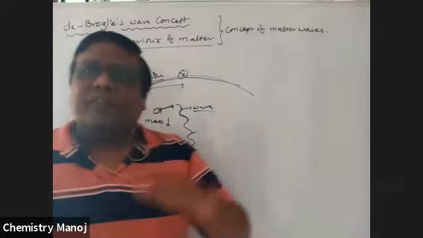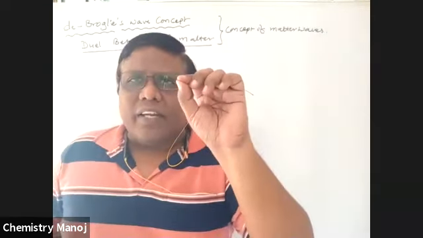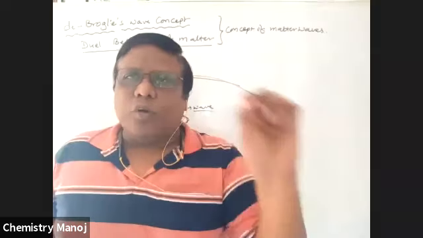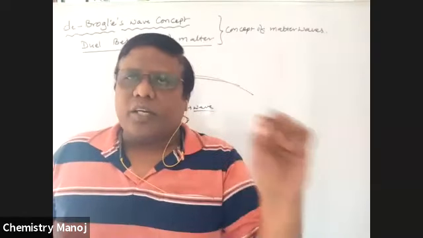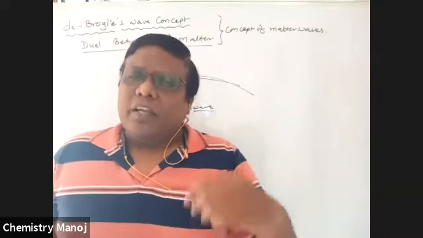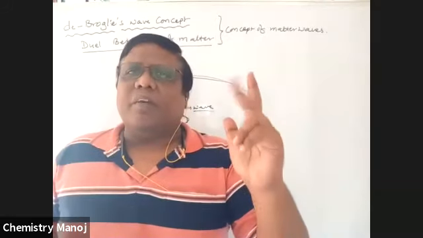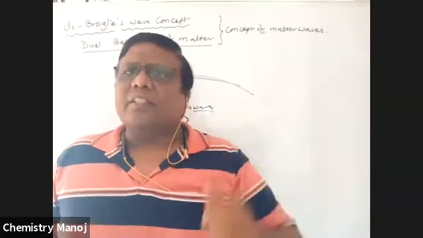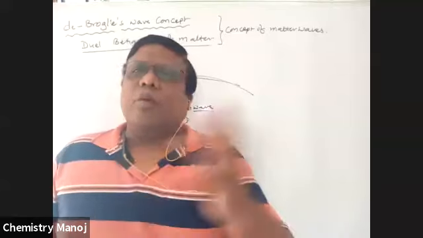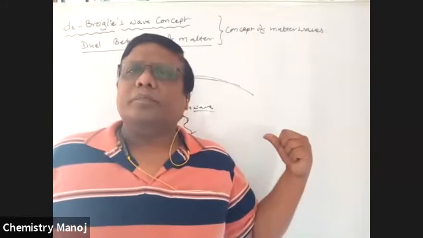Finally, we concluded that very small particles with very little mass, which are in motion, have wave properties. That means wavelength, wave number, frequency, everything we already discussed about waves, is applicable here.